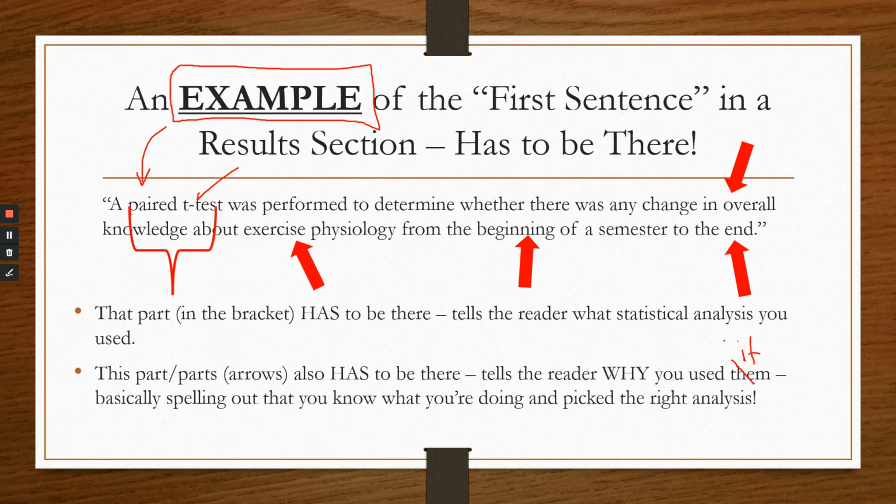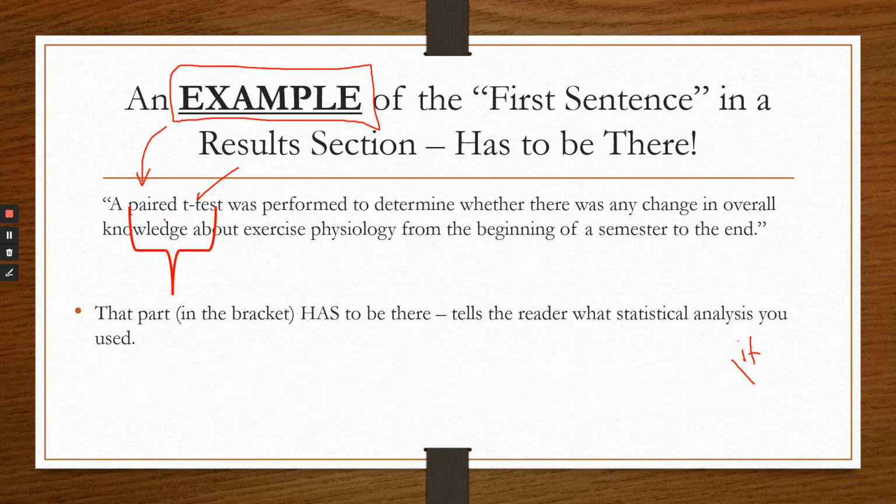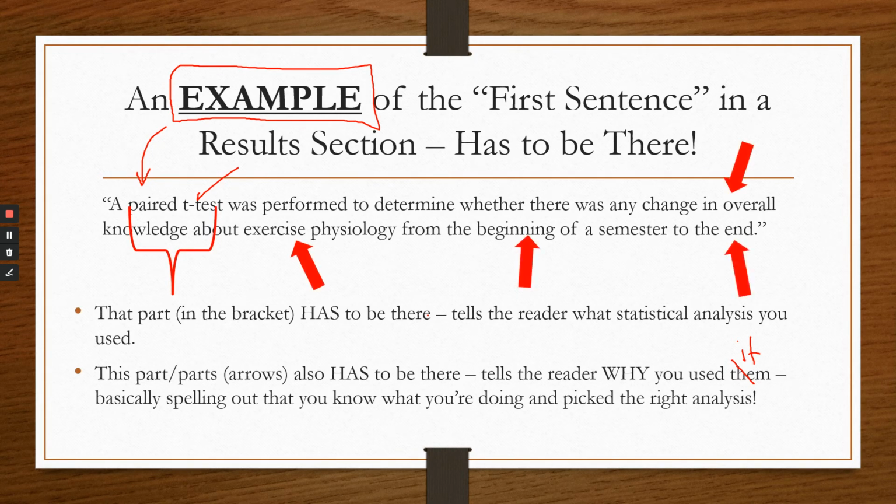Because if you say a paired t-test was performed to compare BMI in a group of women compared to another group of men, that's the wrong test. So you've got to tell them what you did and why you did it.